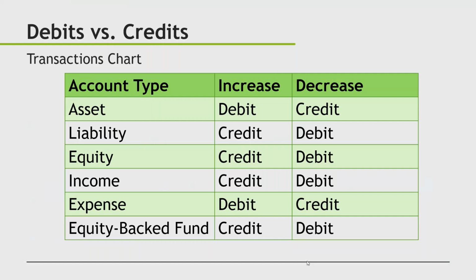So it's really important to understand what a debit does to an account and what a credit does to an account. If you don't understand that, check this chart. This chart is going to be important, and it's available within our help center. If you just search debits and credits in our help center, you will find it. I promise you. So check that out, and once you have it, print it out and keep it at your desk. It's a great resource. All right, let's go ahead and enter a journal entry.